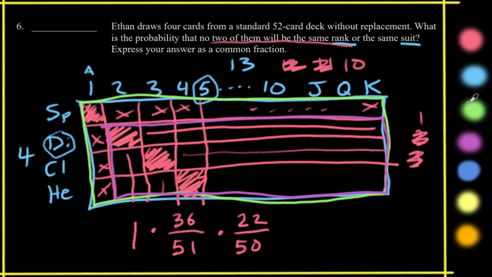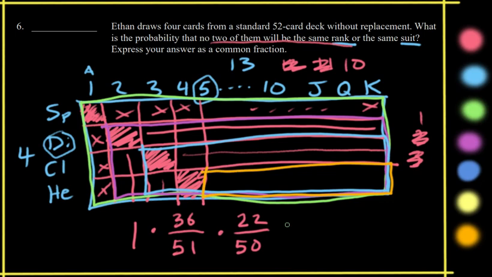And then the third rectangle is going to be this 22 out of 50. Oops, I used the same color. And then the last one is this rectangle here, which is 10 over 49. So now we just need to multiply this all together.